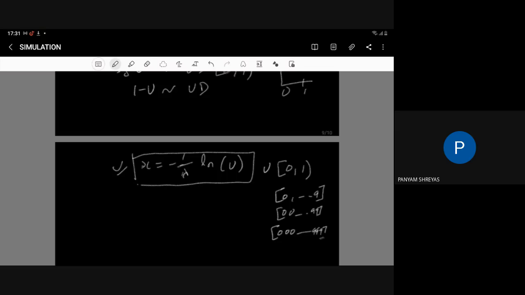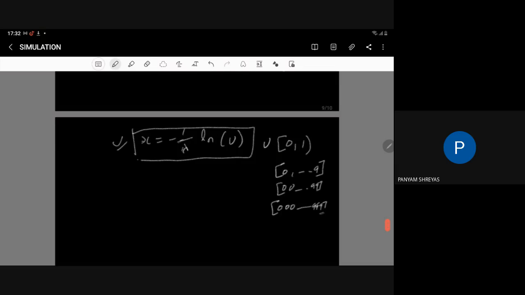But sir, how will we substitute 0 in this? Because log 0 is not defined. Okay, what you are saying is correct. So here for this range, we have to write U as 0 open, 1 close.